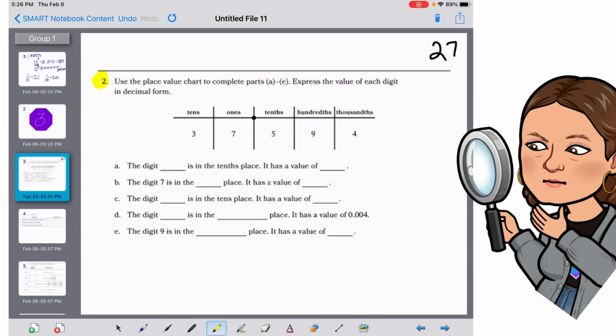The first question wants us to fill in the digit blank is in the 10ths place. Well, that digit is a 5. If it is a 5 in the 10ths place, it has a value. We cannot just say 5. We have to look at the value. So since it's in the 10ths, it has a value of 5/10. You also could have written it like that.